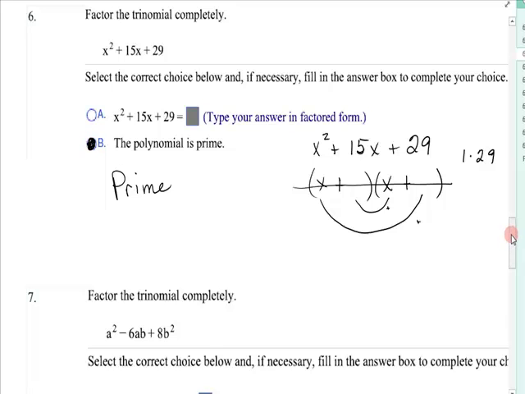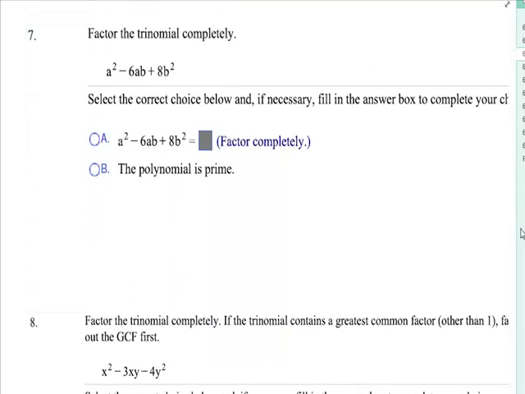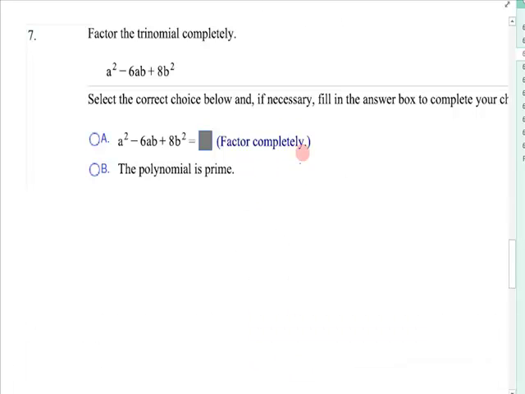Okay? Let's look at number 7. This is the same strategy as the earlier ones, but there's an extra variable in it, and you just need to see an example. I have a squared minus 6ab plus 8b squared. Common factor? No, there's a lot of similarities, but there's not something in all of them.